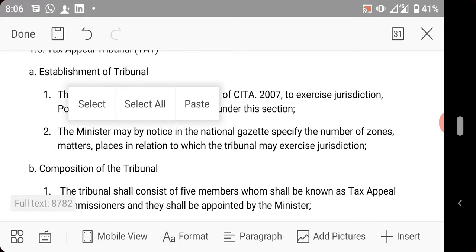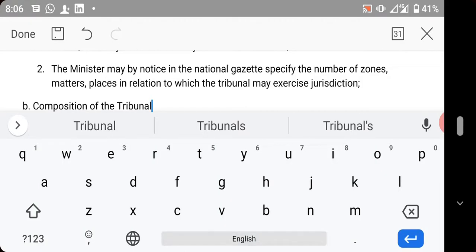So making 8 zonal offices where tax matters can be adjudged by the tax appeal commissioners.